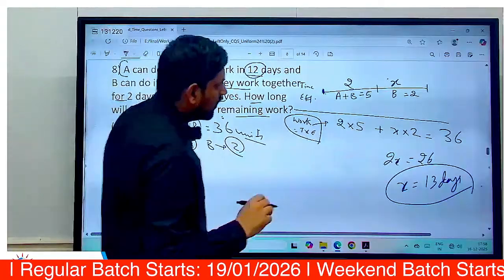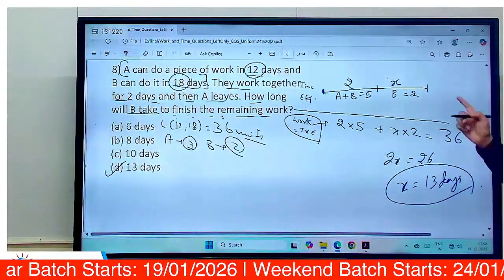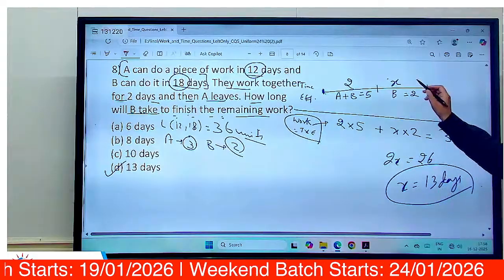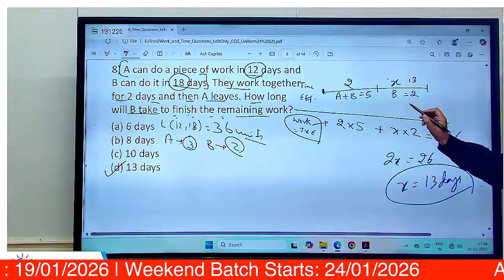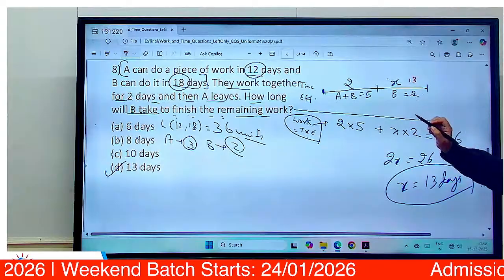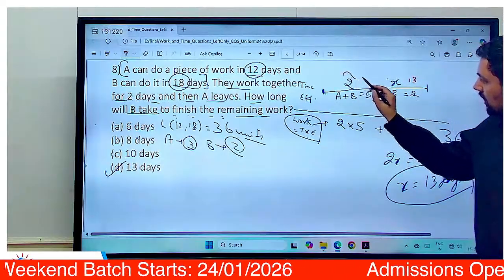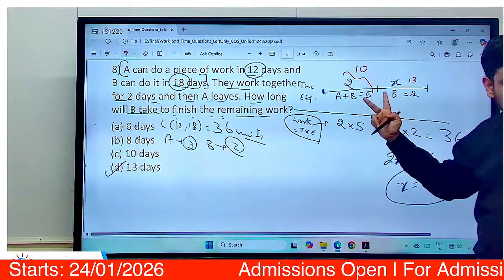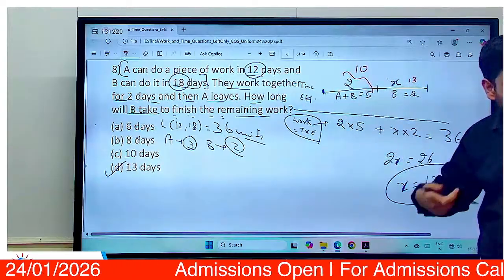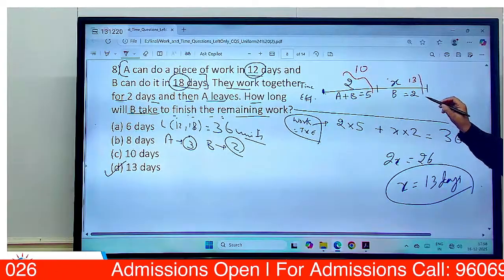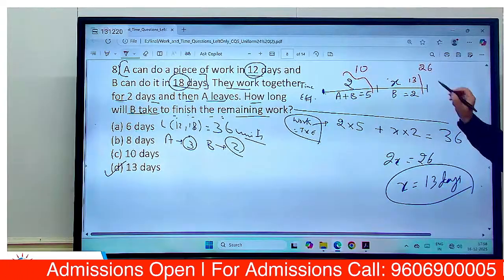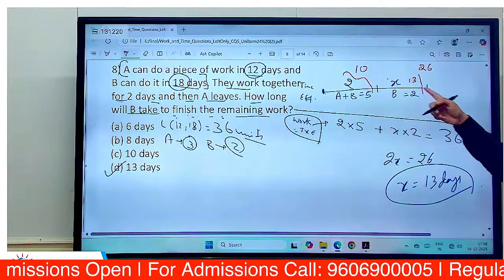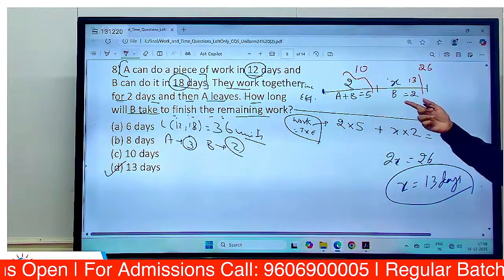Also, if you see here, eventually, if I write the value of x, what are you getting? You're getting 13 here. Okay. Now see, 2 into 5, what do you get? 10. So 10 units of work was done in this time period when both were working together. Then 13 into 2. That means 26 units of work was done by B alone. So if that also is asked, you understand that also.